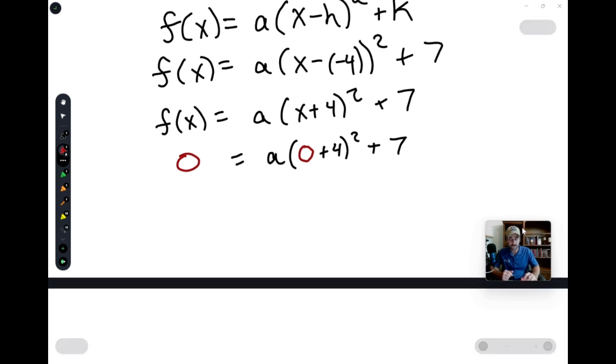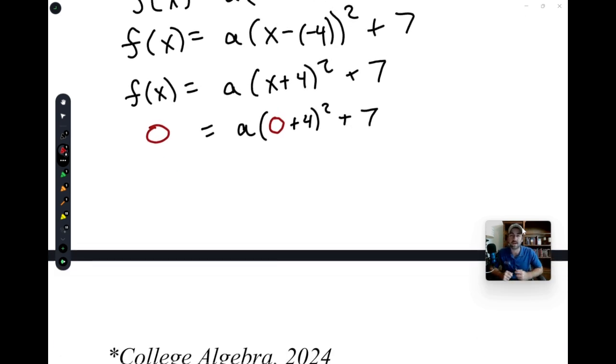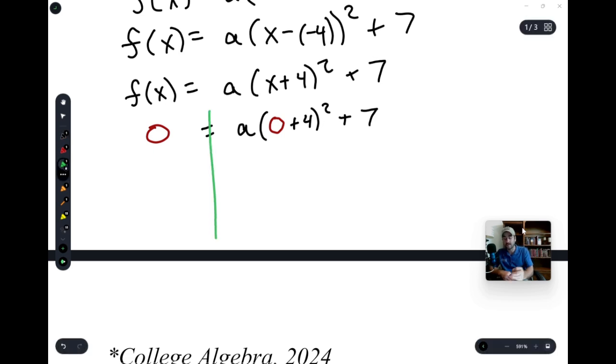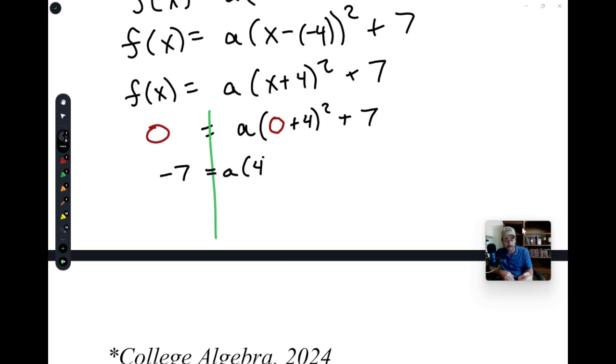And now, given a one-line equation with one variable, we can totally solve that and see what we end up with. So we'll do the classic draw a line. What you do to one side, you have to do to the other side. And we'll end up with -7 equals a times 4 squared. And then 4 squared is 16, so -7 equals a times 16, which means -7 over 16 equals a.